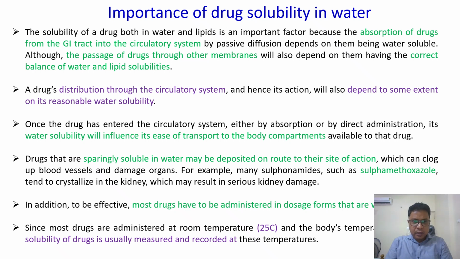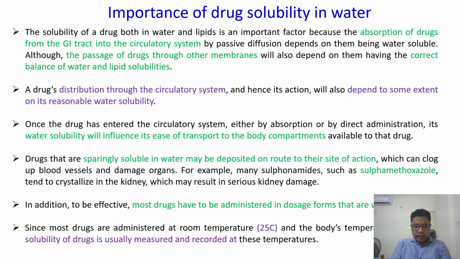A drug's distribution to the circulatory system and hence its action will also depend to some extent on its reasonable water solubility. Once the drug has entered the circulatory system, either by absorption or by direct administration, its water solubility will influence its ease of transport to the body compartment available to that drug.